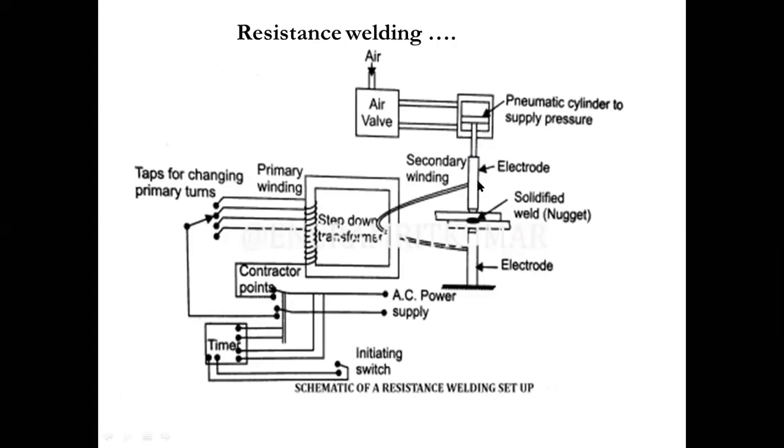The terminals from the two electrodes are connected to the transformer. This is a step down transformer, which has a primary winding and a secondary winding, right? So this is the circuit setup, and this is the welding section. And if you want a rocker arm mechanism, you will have a lever here which you will be pressing, right? This is the setup in resistance welding.